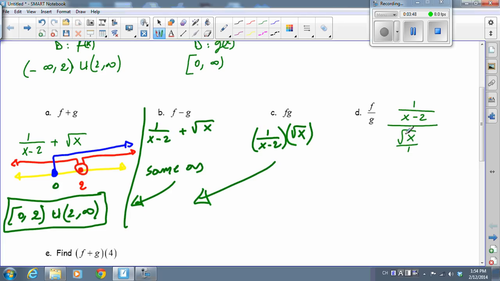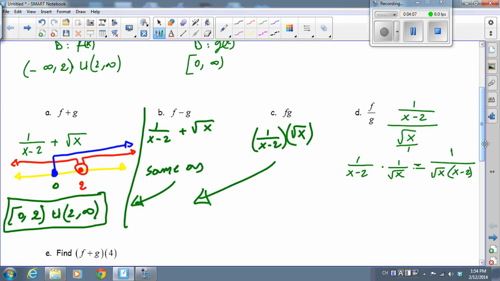Of course, it's over 1. If I use the keep change flip, I will end up with 1 over x minus 2 times 1 over square root of x, which is equal to 1 over square root of x times x minus 2.